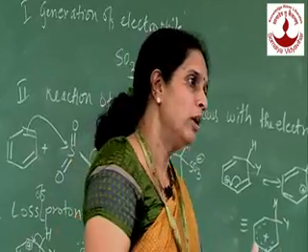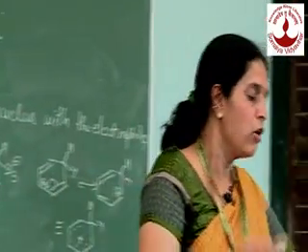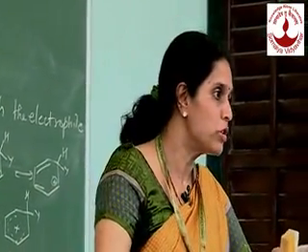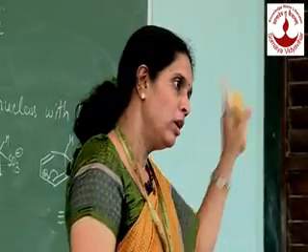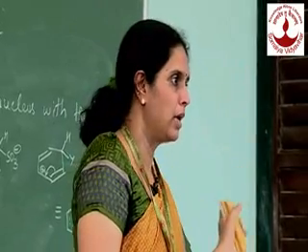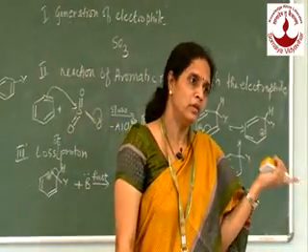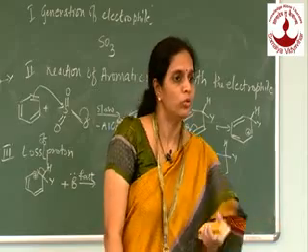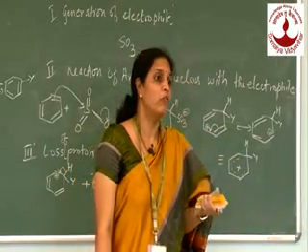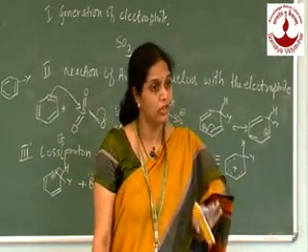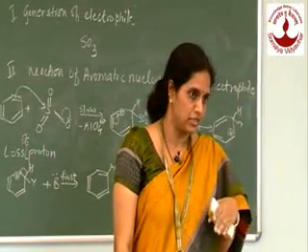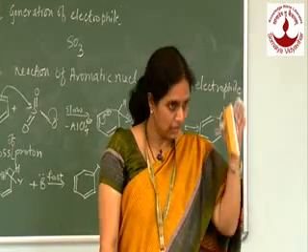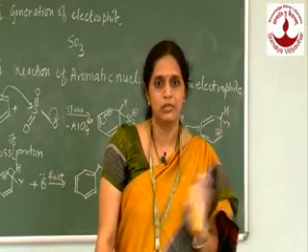So therefore some of the ions would cross over and form the mono-substituted products, whereas some of the ions would go in the reverse manner and form the reactant. So you find that sulfonation is a reversible reaction as compared to most of the other reactions involved in aromatic electrophilic substitution.